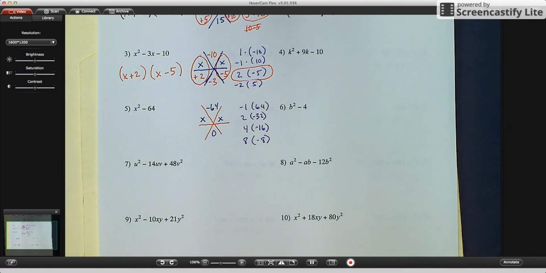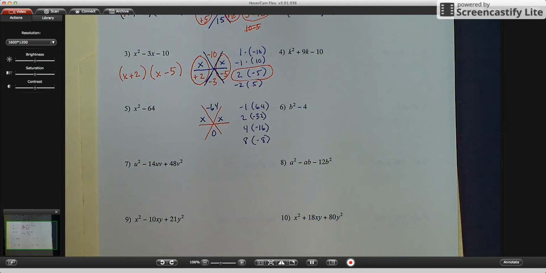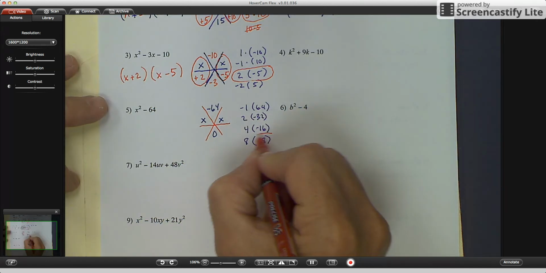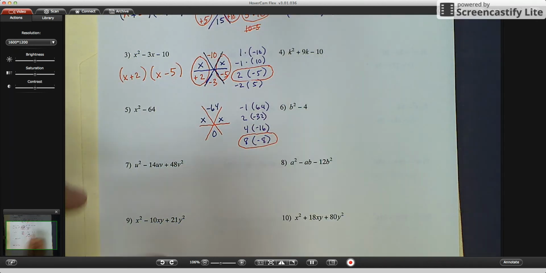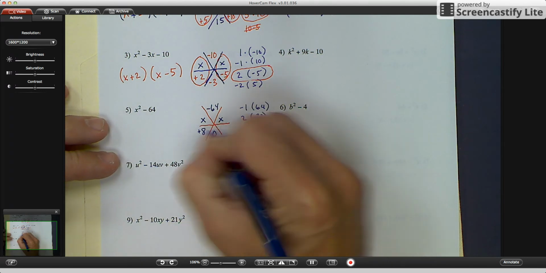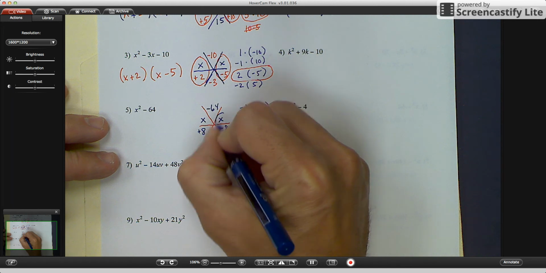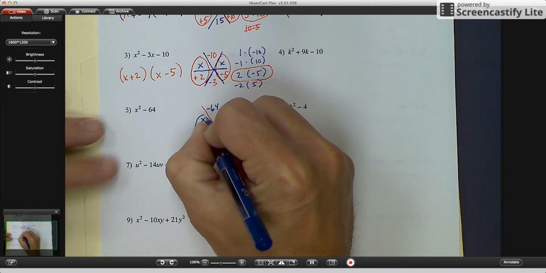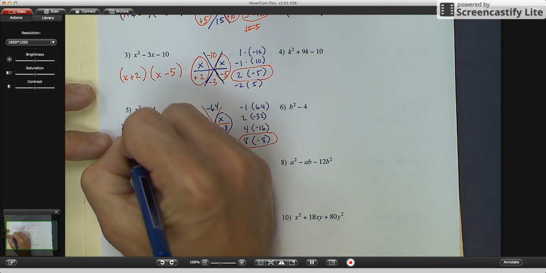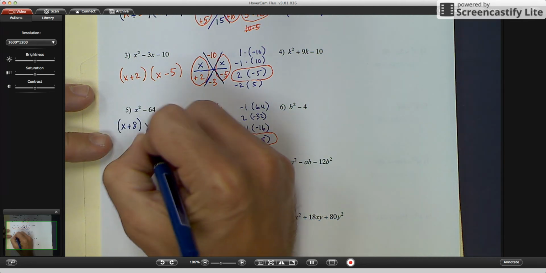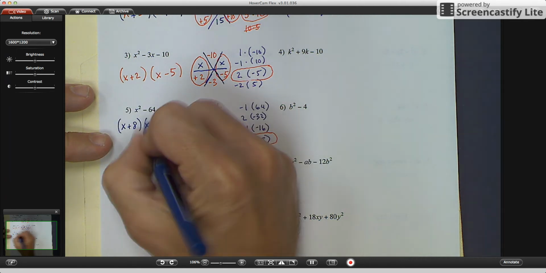Well, which ones of those are opposites? And then they will cancel out. So we have our +8 and our -8. So +8 right there, -8 right there. And those are our binomials, x plus 8, x minus 8.